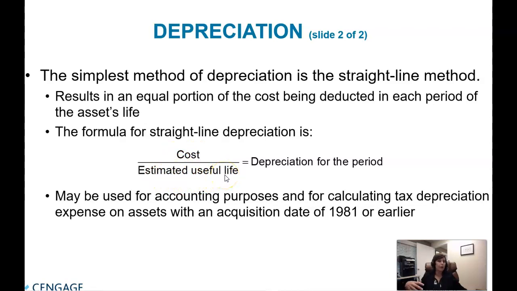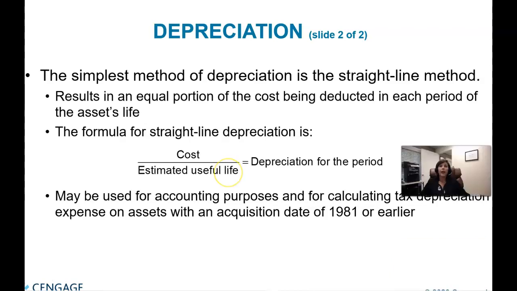So if we paid $10,000 for an item that has a useful life of 5 years, we're going to depreciate that item at a rate of $2,000 per year. This method allows us to allocate the cost we paid for this item evenly over its useful life.